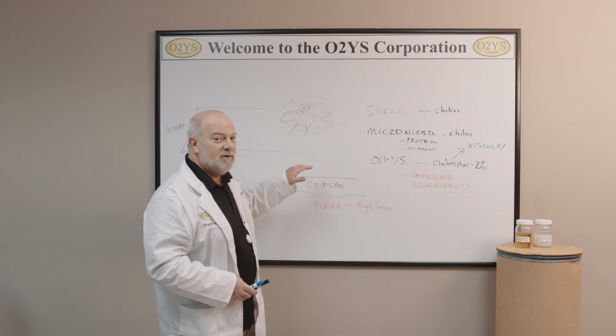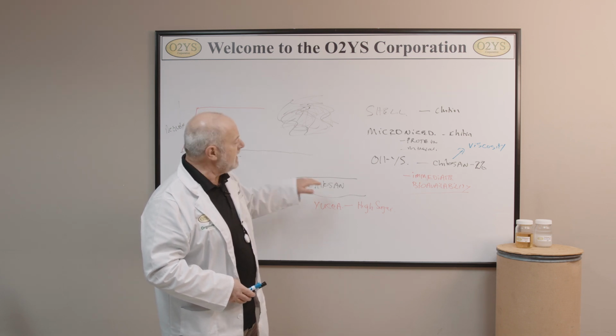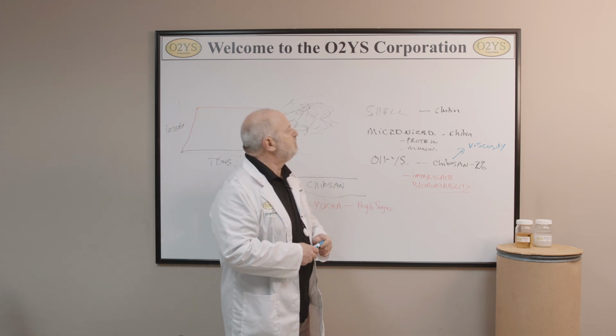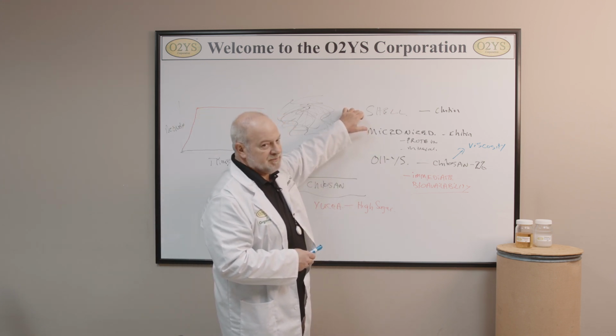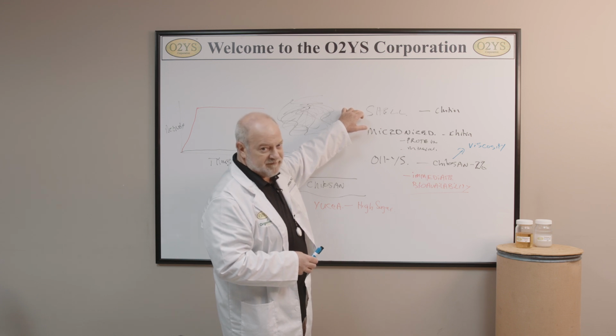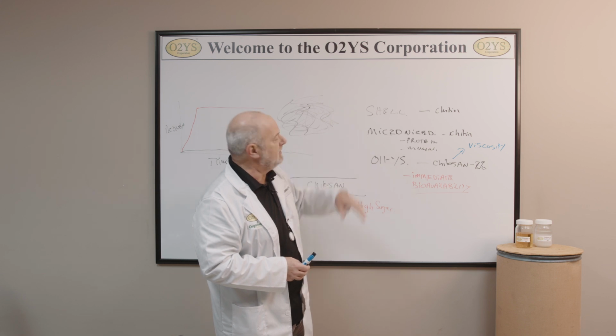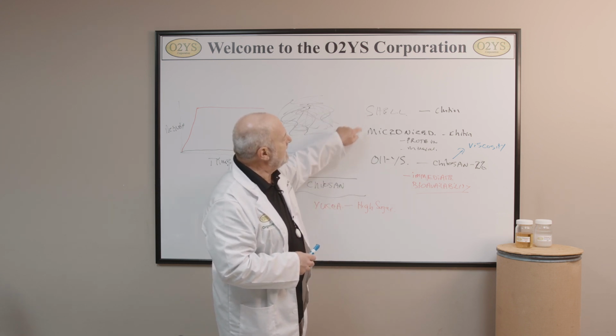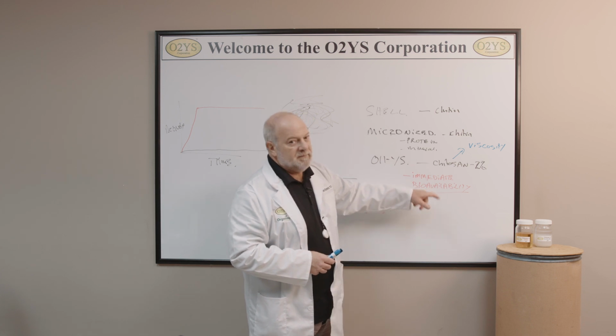Chitosan is not water soluble. You can put all the chitosan you want in water and it will not solubilize. So it's the same thing with shell. You can put all the shell you want in some water as a fine powder and you can make a slurry out of it. You can put it up to 50% probably, or whatever the higher percentages is. But you're not getting the immediate bioavailability that we have.